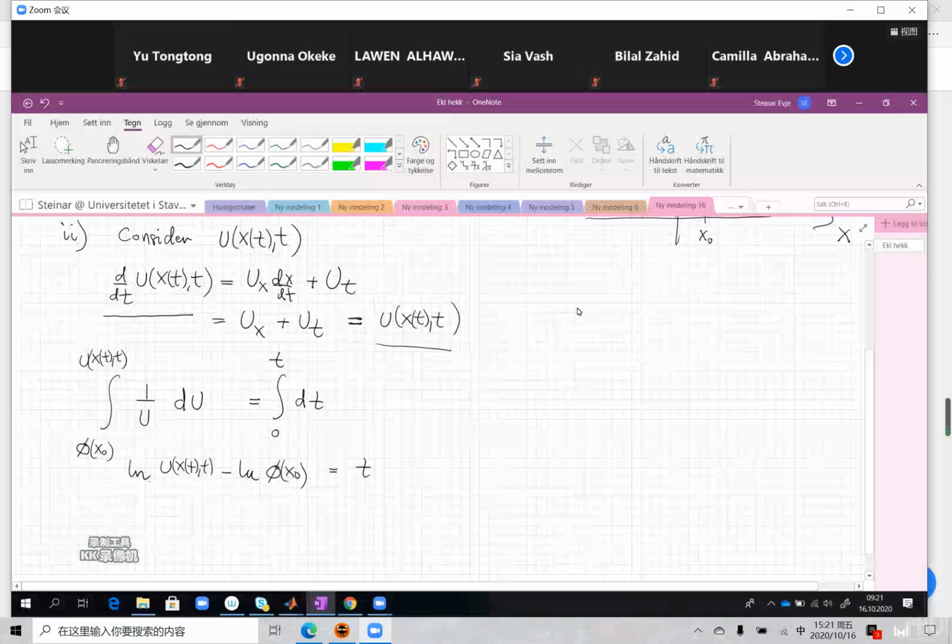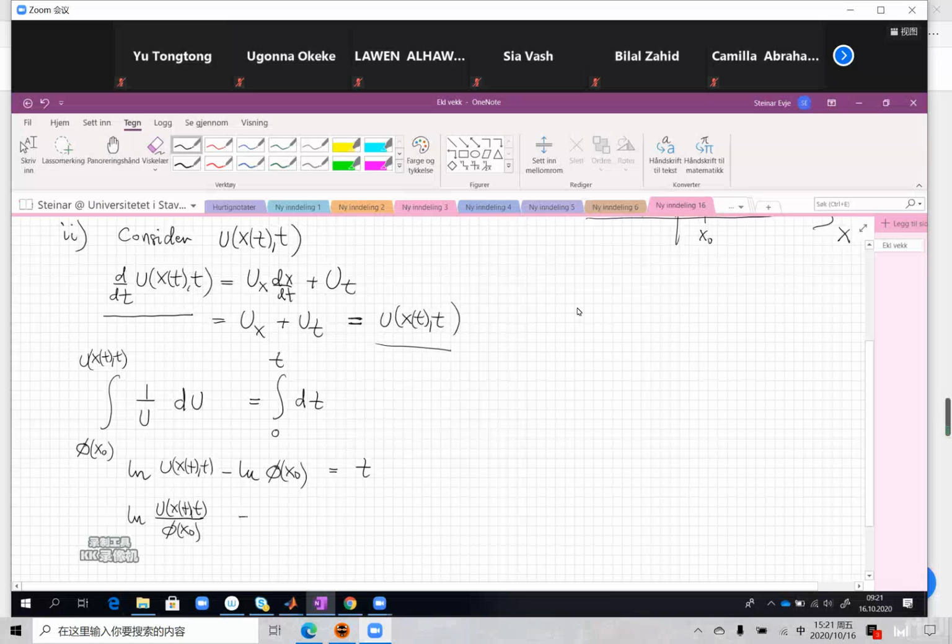And this difference on the left hand side is the same as the logarithm of u(x(t), t) over φ(x0). Then we can apply the exponential function on both sides.